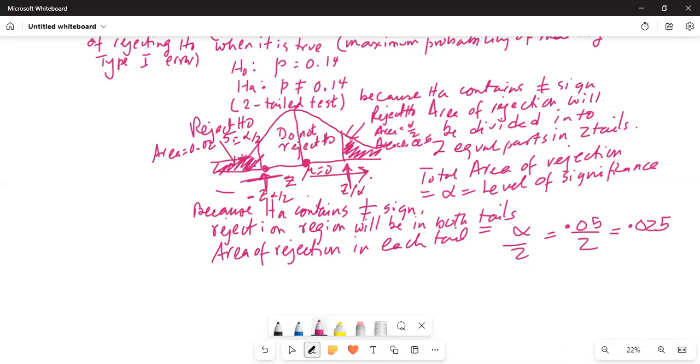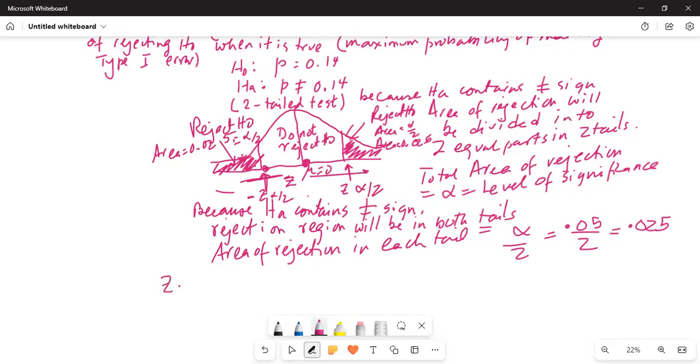This is the critical value Z alpha by 2, and this is negative Z alpha by 2.